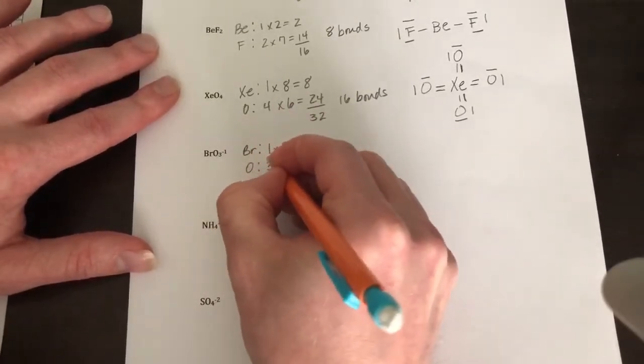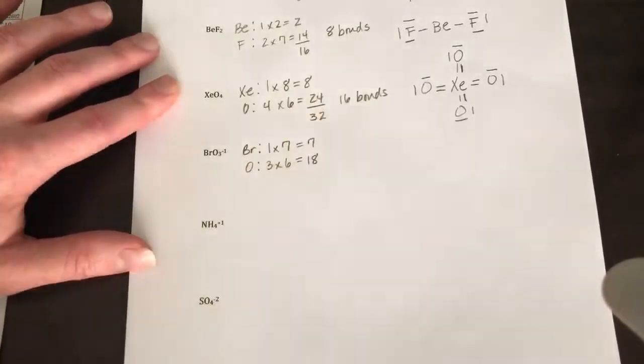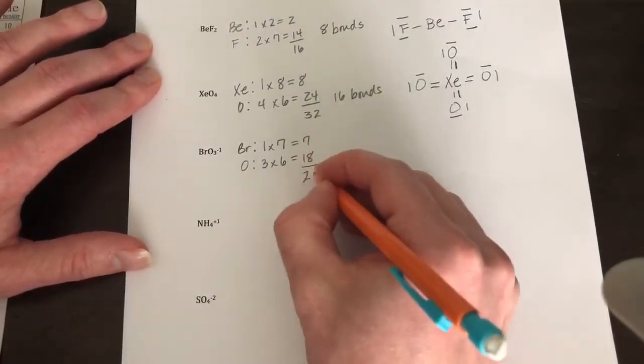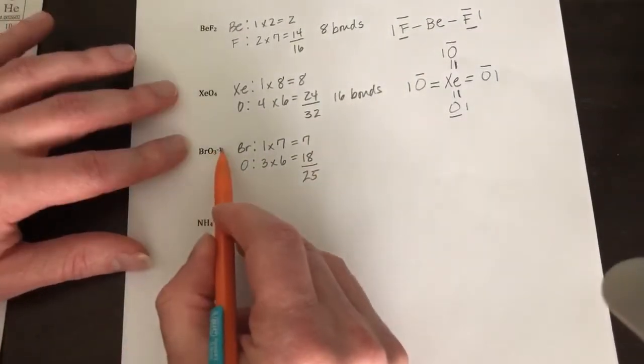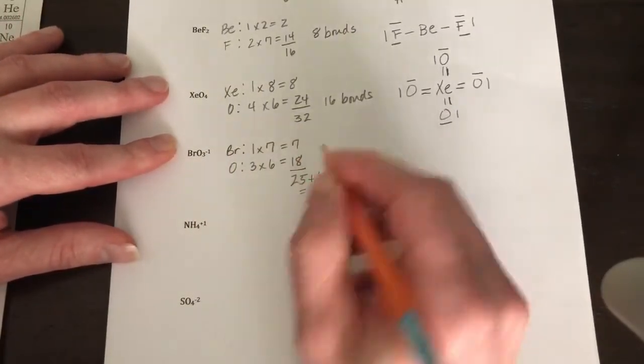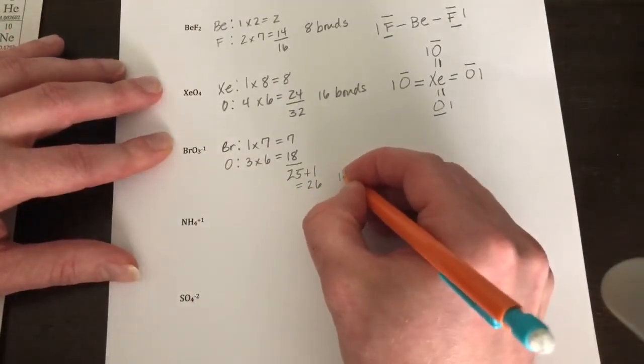Oxygen, I have 3 of those. It's in group 6. So I get 25. It gained an extra electron, so you get 26. And so it should have 13 bonds.